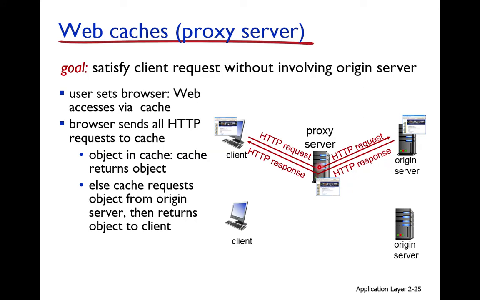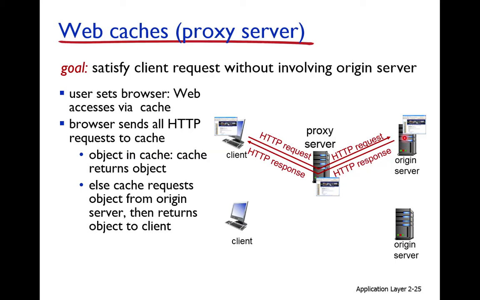If it is not stored, then this proxy server forwards the HTTP request to the origin server, where this object is permanently present, and this origin server is on the internet. For example, it is Facebook, and it is present in America.